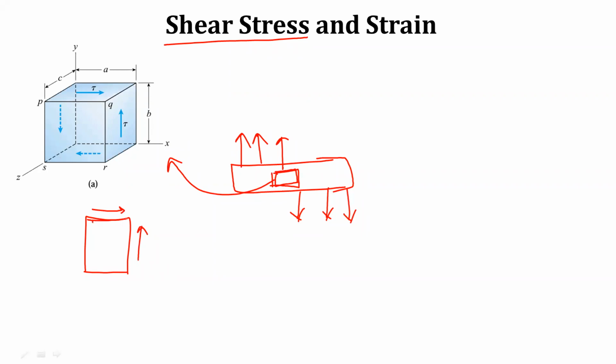See here, for the surfaces which are perpendicular to each other, for example this surface and this surface, the shear stress acting on these two surfaces will be equal and pointing towards each other. Okay.